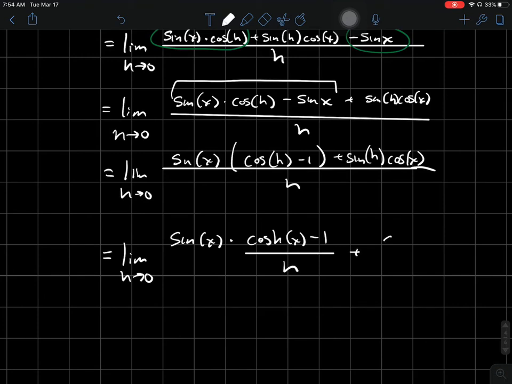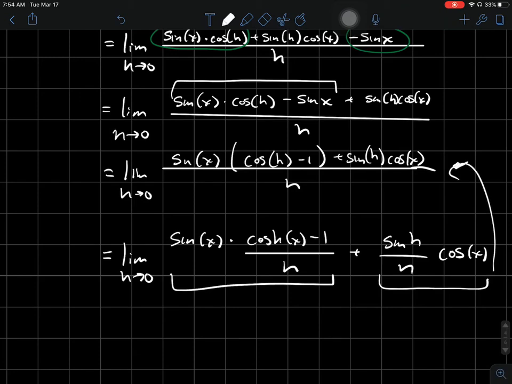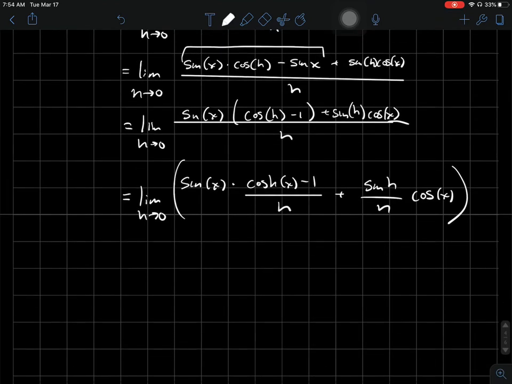And I'm going to add to this sine of h over h times cosine of x. I have just rewritten how this looks. I think that you would agree that if we multiply this stuff together, so it's one fraction, and this stuff together, so it's one fraction, and I add it together, I would still get what I had up there. And this is an entire limit, so that should be in a grouping symbol.